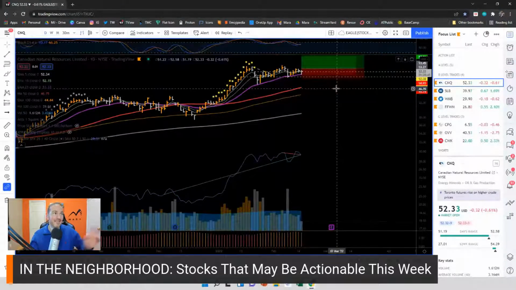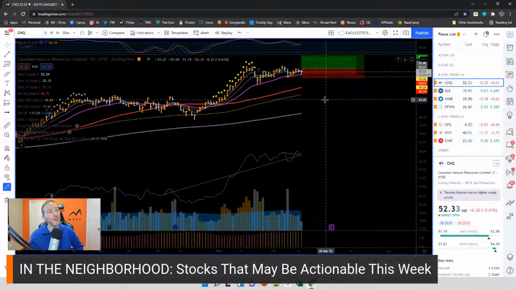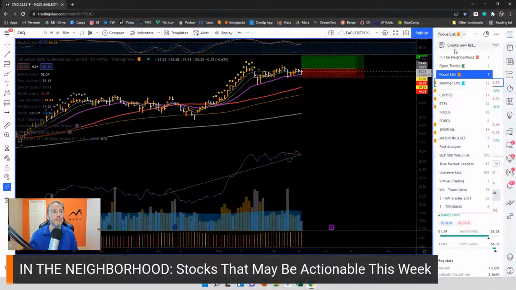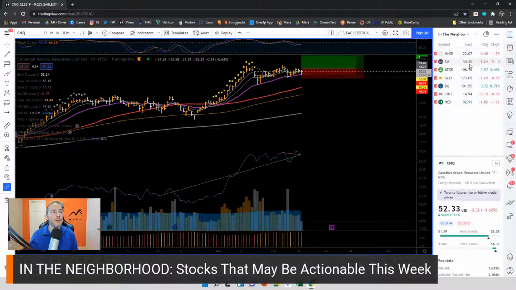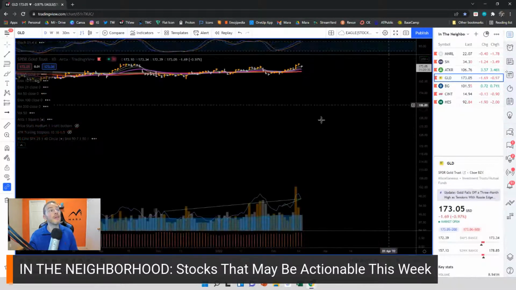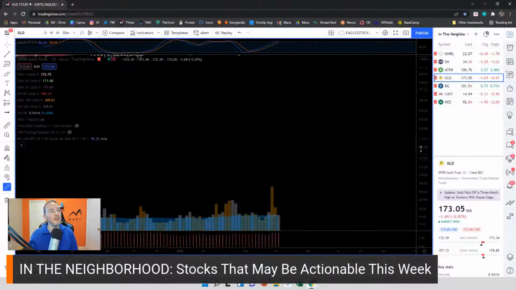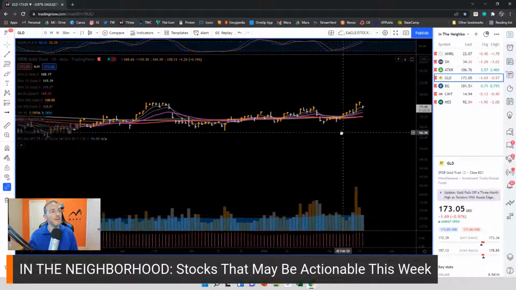That one's a little bit higher on the radar. I still think it's a B, but overall a little bit better. So there's a bunch over here that are in the neighborhood. And here's another one too, right? Also stocks that are in the neighborhood, or in this case an ETF, the gold ETF.